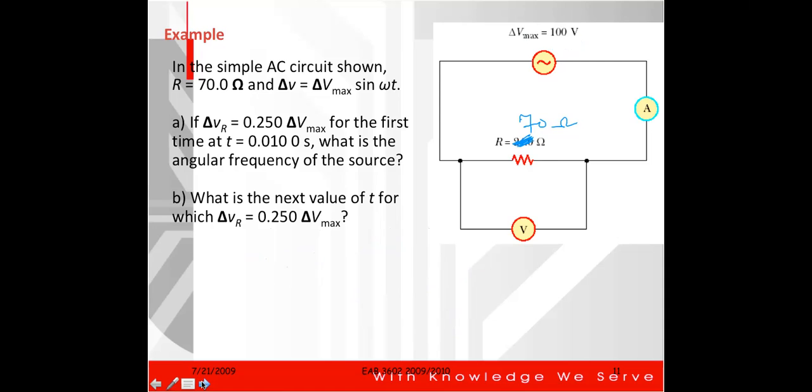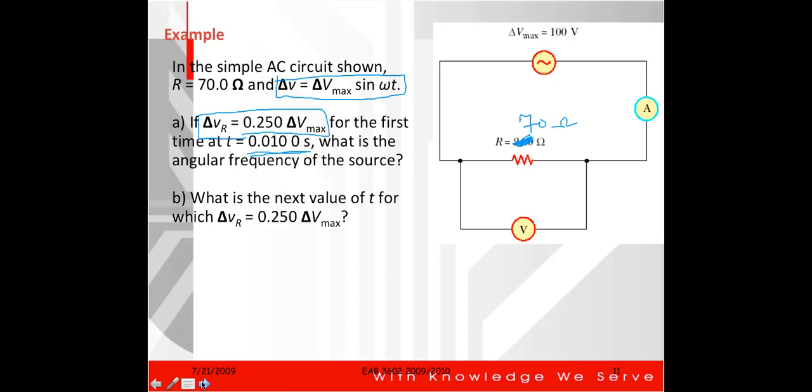Okay, so if delta VR, and then of course this is the standard equation, the instantaneous voltage across the circuit is this one. If delta VR is equal to this one, for the first time at T is equal to 0.01, pada 0.01 saat, what is the angular frequency of the source?